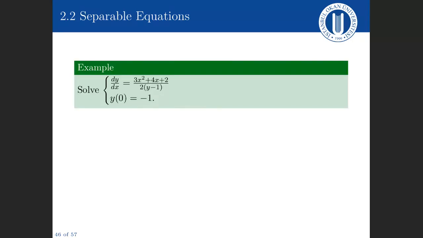Let's see if I can find another. Here's another problem. This is an initial value problem. Solve dy/dx is equal to (3x squared plus 4x plus 2) divided by (2y minus 1). This is similar but more difficult than question 7 on homework 1. We use the same method.